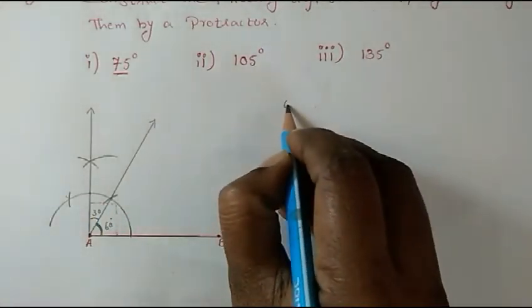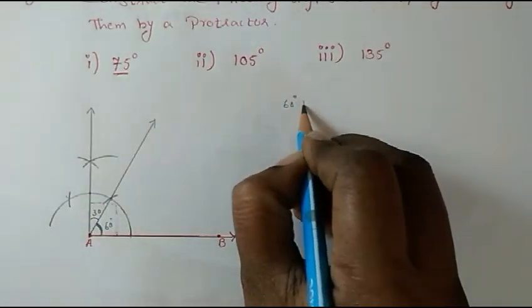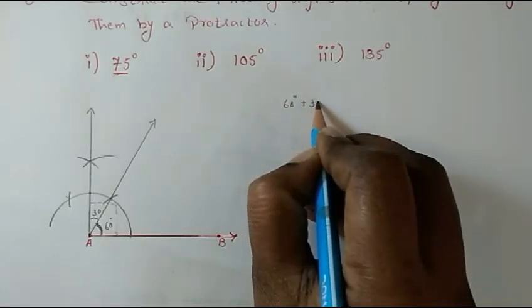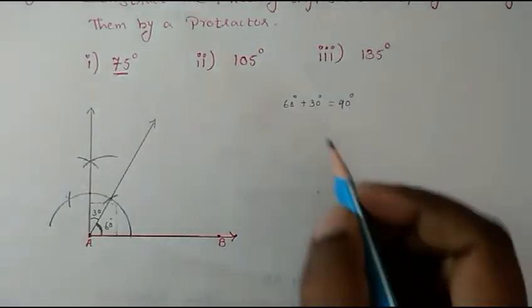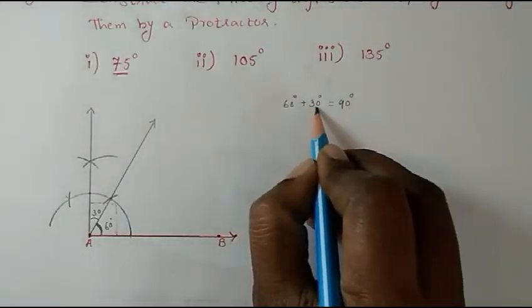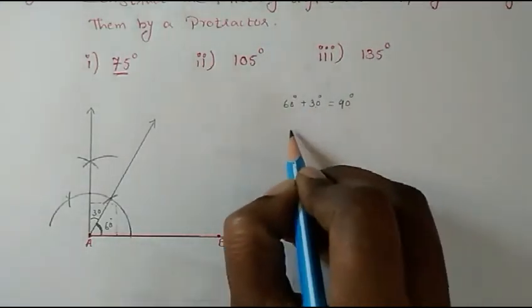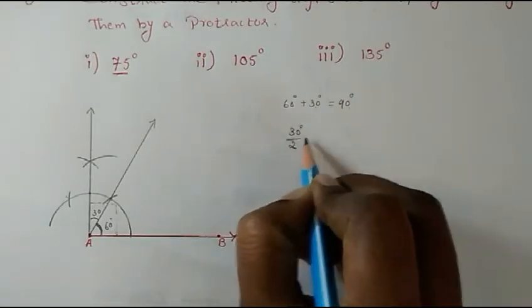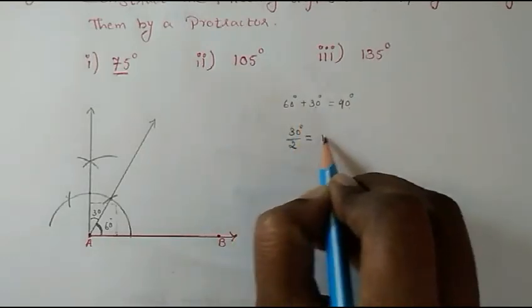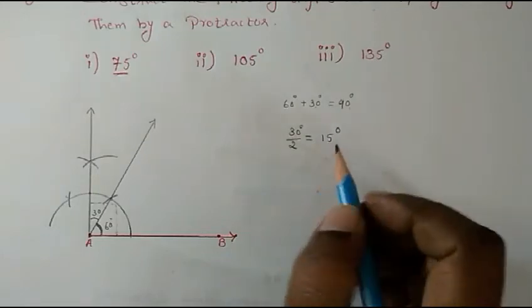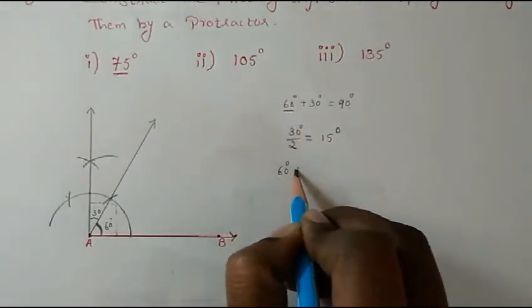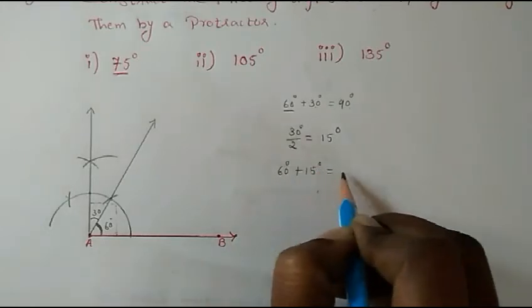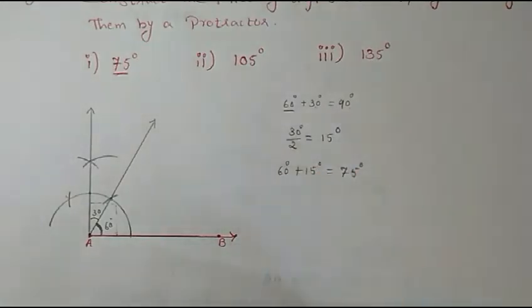So that means 60 degree plus 30 degree together gives us 90 degree. Now, when we divide this 30 equally half, it will give us 15 degree. So 60 degree plus 15 degree together will give us 75 degree. Okay, so that's what we are going to do.